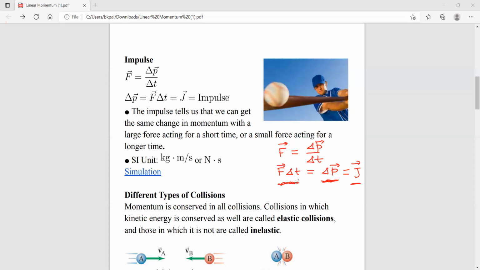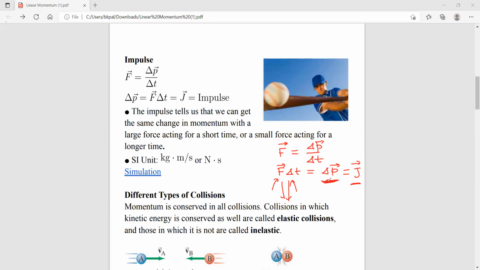The impulse is a useful quantity when we have a large force acting on an object for a short amount of time, or a small force acting for a large amount of time. In both cases it is equal to the change in momentum.